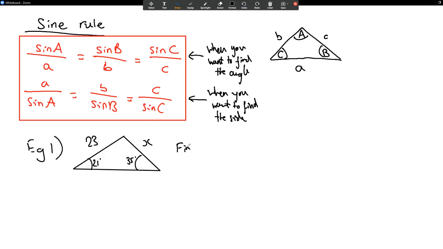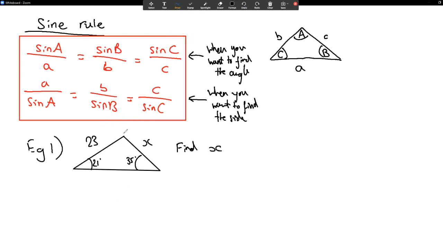And then it would say find x, right? What we need to realize is when we should use the sine rule. We can use the sine rule when we have two corresponding sides of one pair of a side and an angle. If we have that, we can figure out other corresponding pairs.